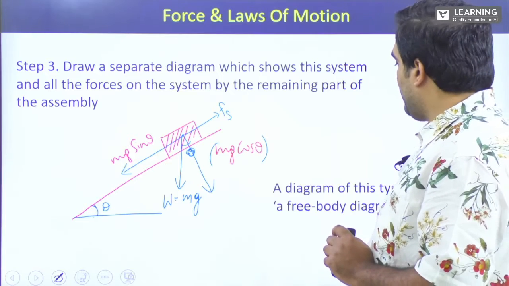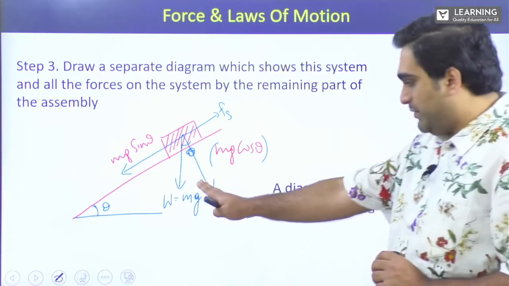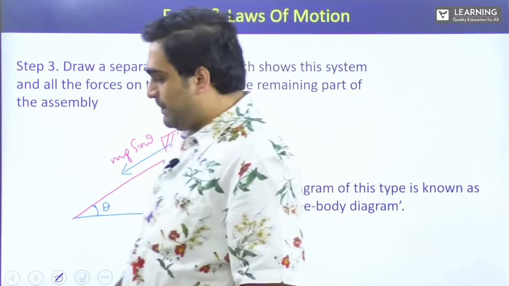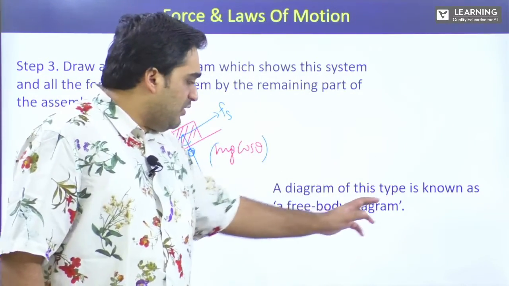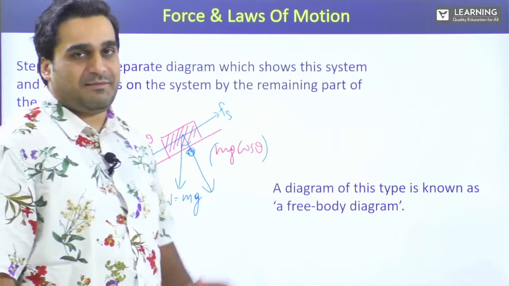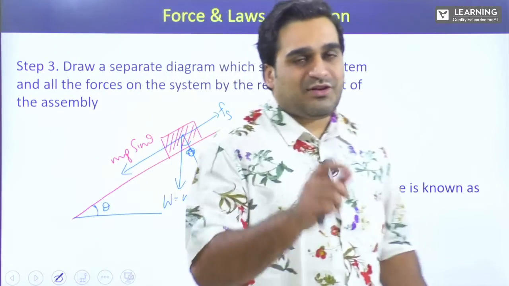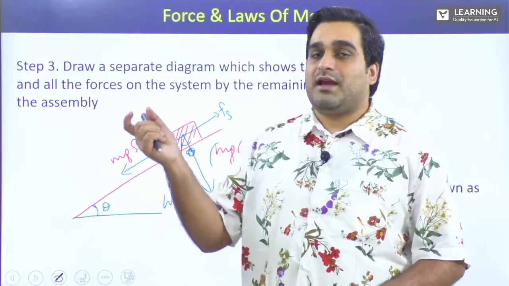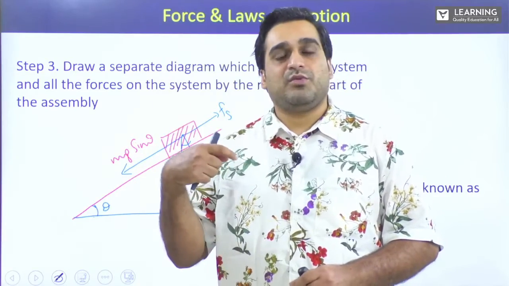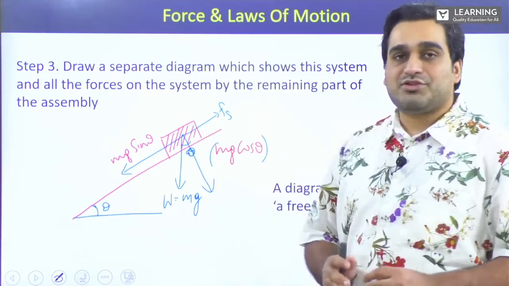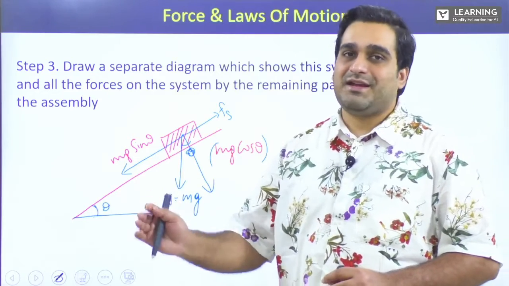Next, this type of diagram, the one which I've just constructed, is known as a free body diagram. Once you have chosen the system and you have identified the various forces acting on that system, that type of diagram is called a free body diagram.